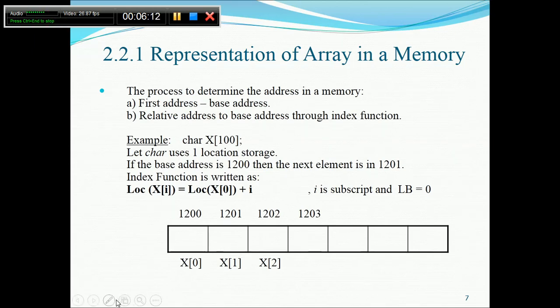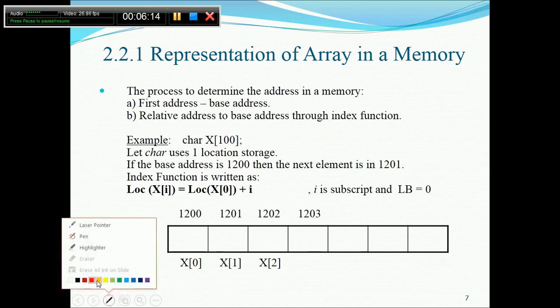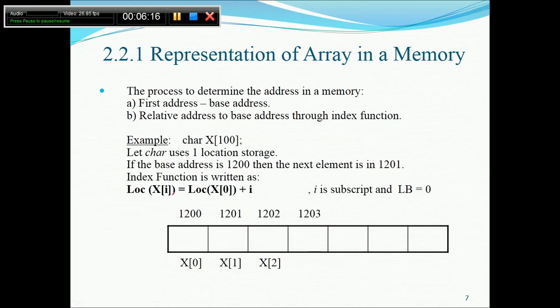So we can figure out whether it works or not. Suppose the base address here, what is the base address? 1200. So the base address is 1200, and now plus i.